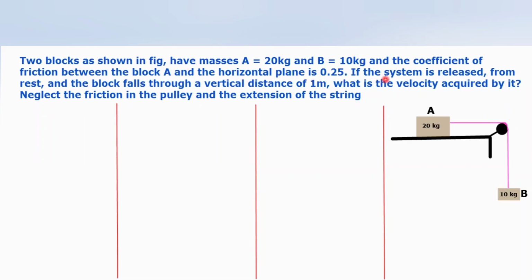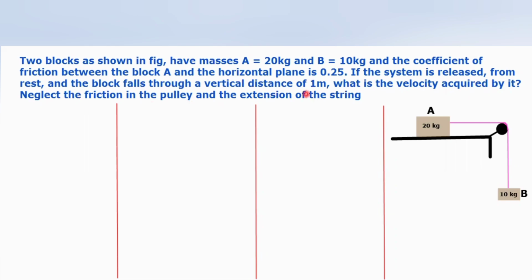If the system is released from rest and the block B falls through a vertical distance of 1 meter, what is the velocity acquired by it? Neglect the friction in the pulley and the extension of the string.